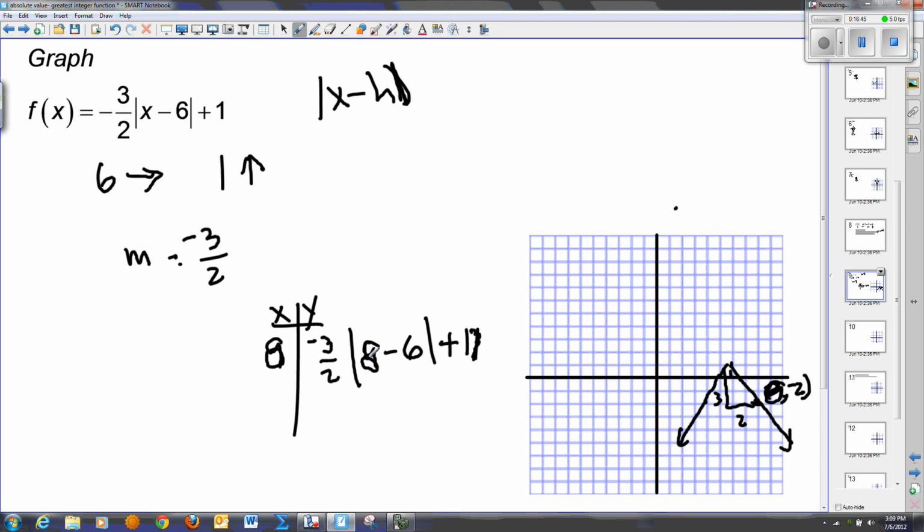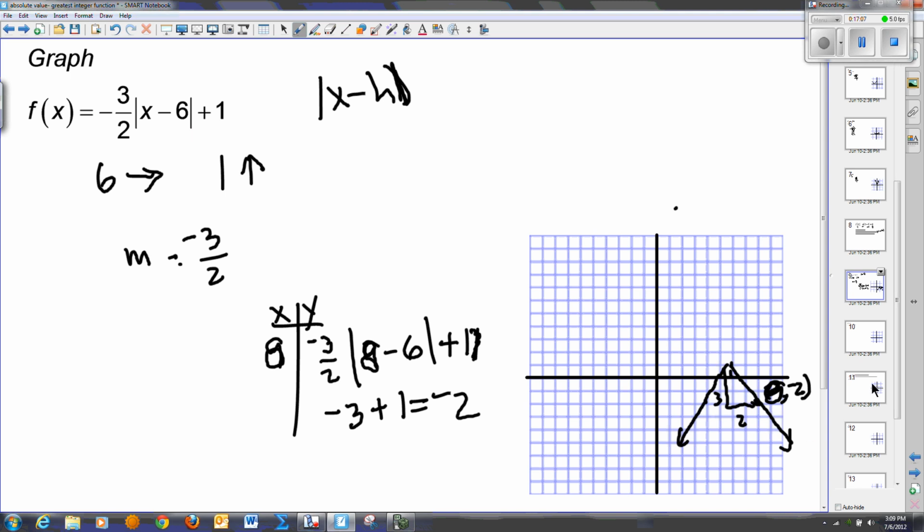Serves me right for not making my graph big enough. All right, so if I take 8 minus 6, which is 2, multiply it by negative 3 halves, I get negative 3, and add 1 to that, I get a negative 2 out. So it actually checks.